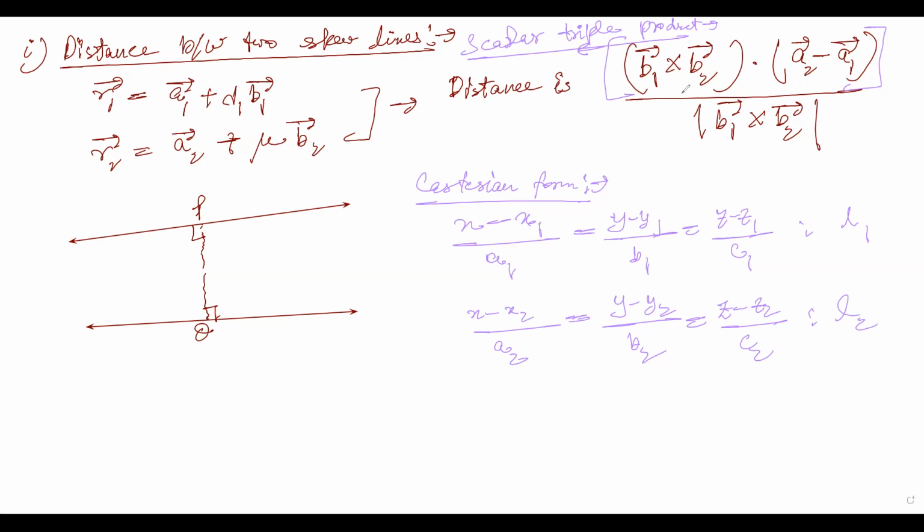Now, if we take the dot product with a2 minus a1, what are we doing? We're just multiplying the corresponding i, j, and k components: x2 minus x1 with whatever we get with i, y2 minus y1 with whatever we get with j, and z2 minus z1 with whatever we get with k.